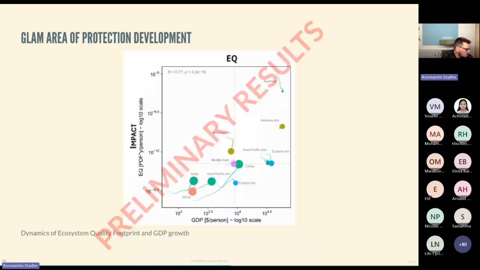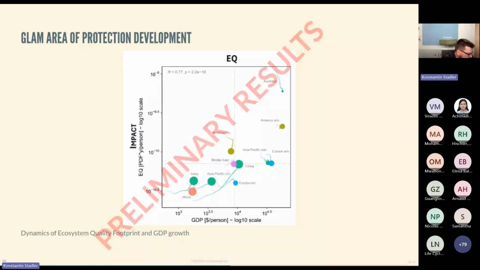And then we looked into the development of the relationship between the impact, and here it's ecosystem quality, to GDP per person. And this gives us these graphs where you can follow the development. In the very middle of the picture, we have China, which started at the very bottom and now is rapidly increasing. And this is a pattern we see for most of the Asian regions, India, Asia Pacific as well. And then we have countries like Australia on the very top, which actually achieved quite a reduction of its ecosystem quality footprint, although at a very, very high level.